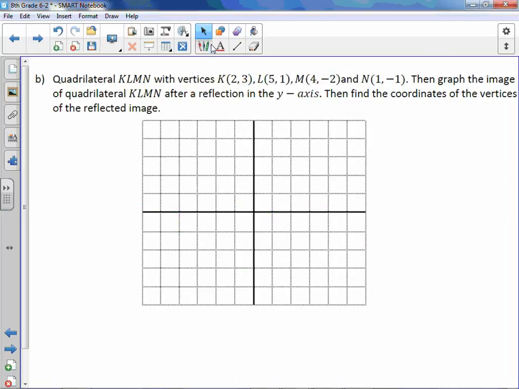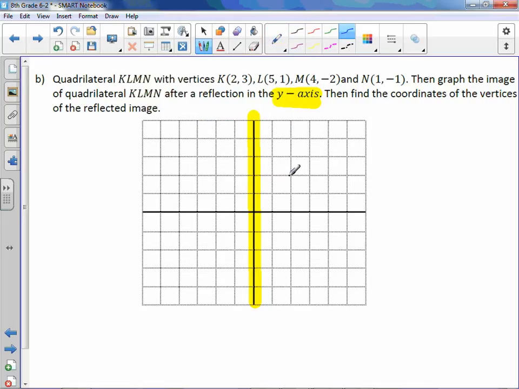Letter B. Quadrilateral KLMN with these vertices, graph them. Then graph the image of quadrilateral KLMN after a reflection in the y-axis. So I'm going to go ahead and draw my y-axis here. That's the reflection I will be doing. So let's go ahead and graph these points.